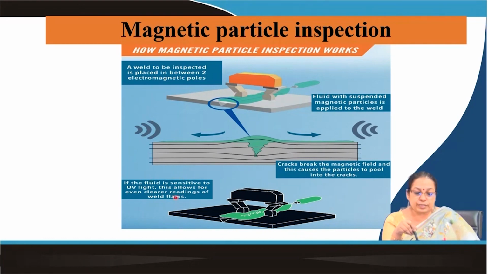If the fluid is sensitive to UV light, this allows for even clearer readability of weld flaws, so you can also check clearly using UV light. This is a very good technique for detection of surface and slightly subsurface cracks, but it is not a good technique for non-magnetic materials.